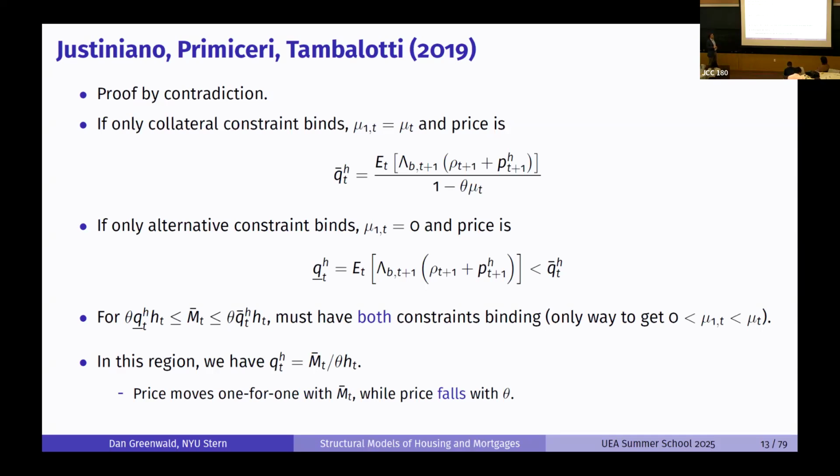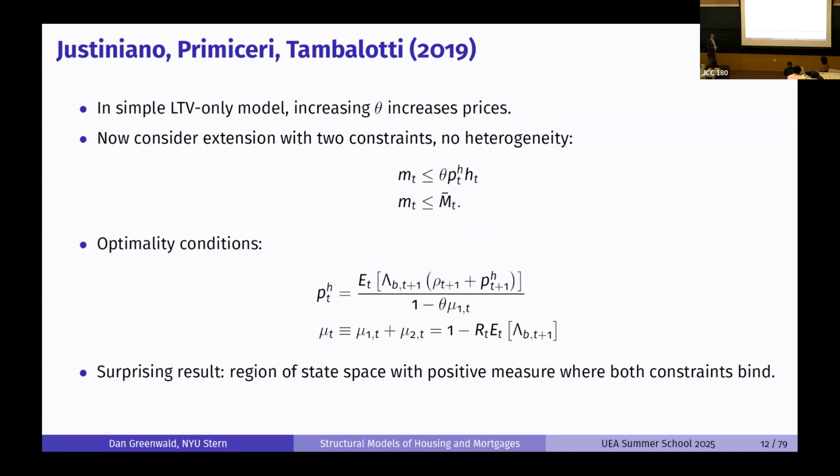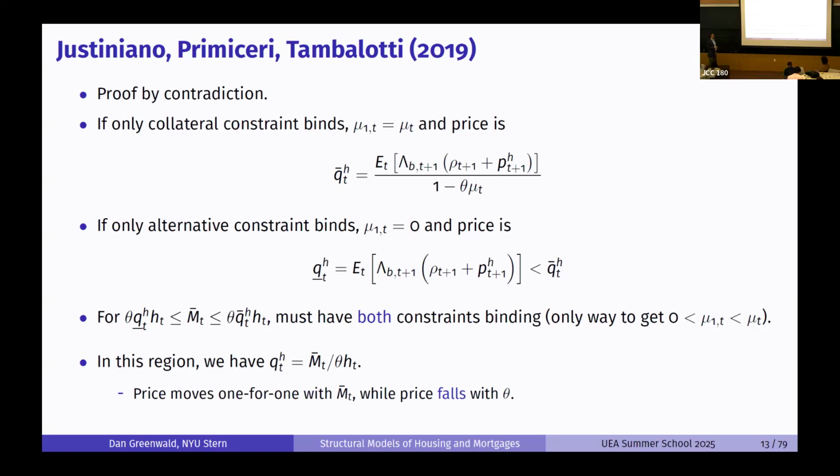If only the other constraint binds, this one, the M bar, then mu1 is 0 because it's slack. That's what we're assuming. And then the price is just this thing without the mu term in it, because this thing is mu1, right? That's the first equation I gave you, basically. So let's call this one Q upper bar, which is when you get the full mu.